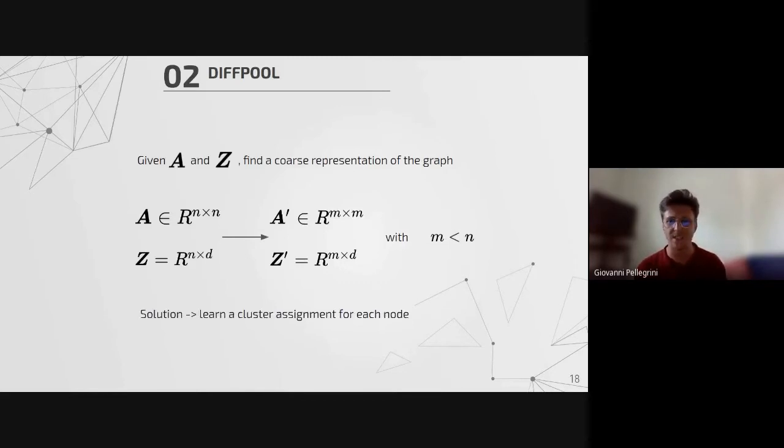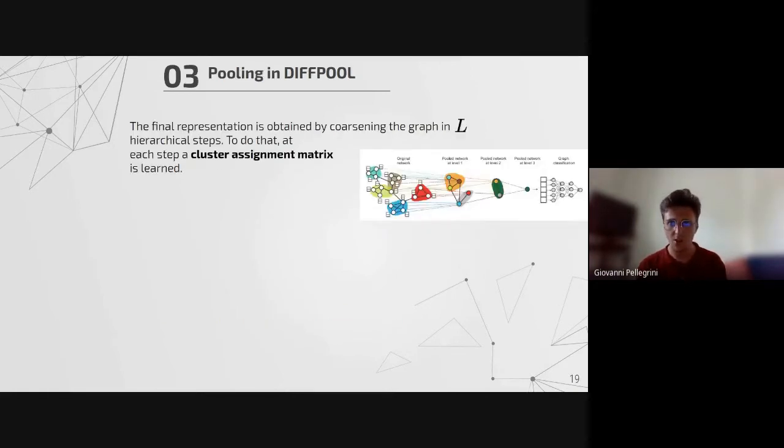How do we decide how we group together these nodes? In DiffPool, we are going to learn to cluster some nodes of the graph in order to obtain this coarse representation. So the final representation of the graph is done by coarsening the graph L times here.